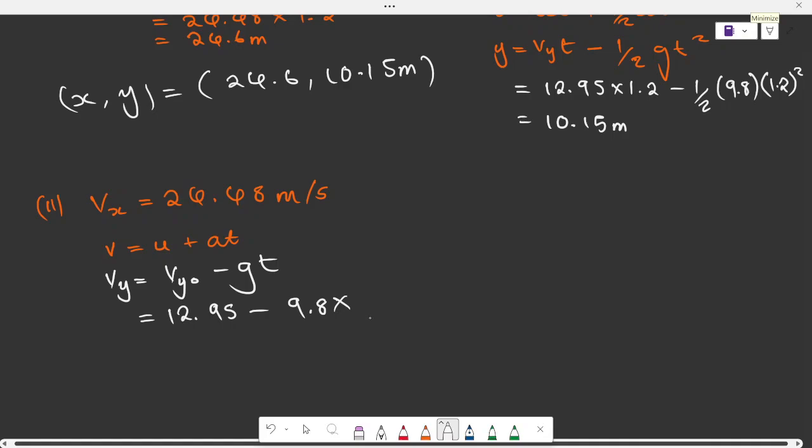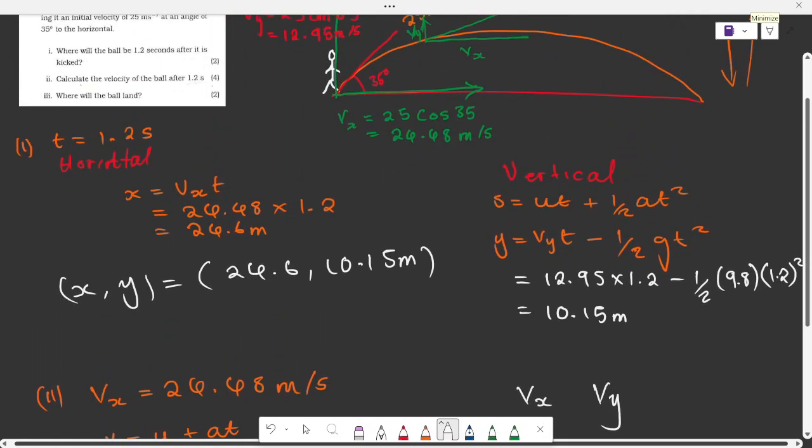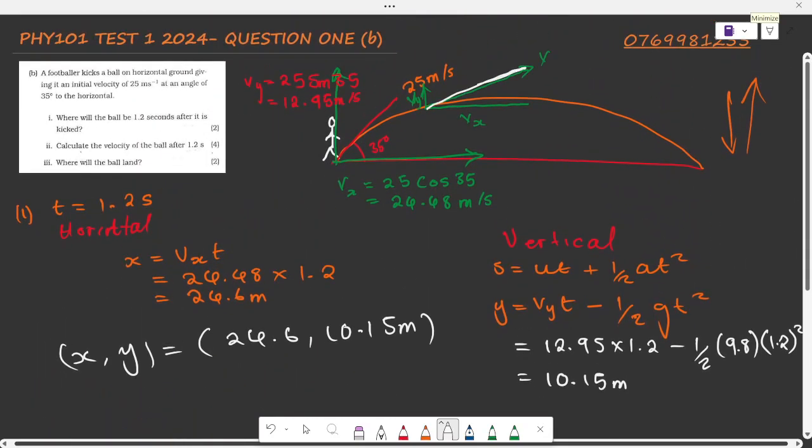We have already been given the time to be 1.2. When we perform the calculation, we are getting 2.58 meters per second. So we have found the x component and the y component of this v here.